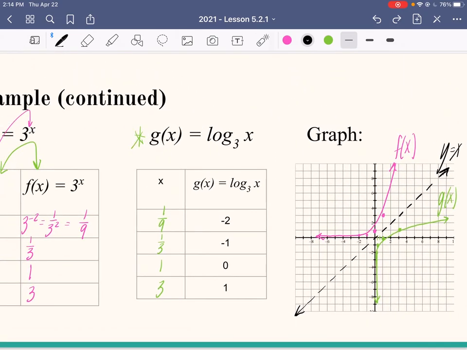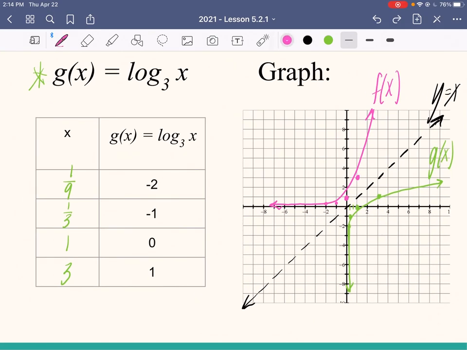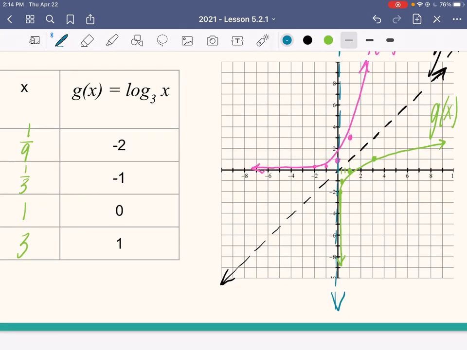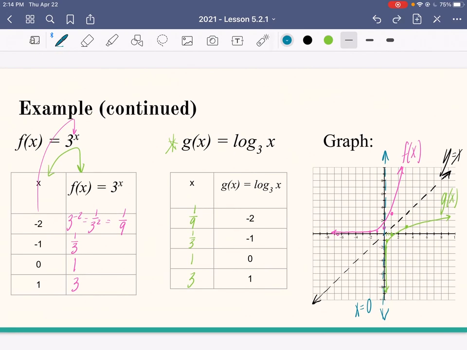And now it is increasing this way, upwards. And notice it's getting really, really close to the y-axis. So g of x, the logarithmic function here, actually has a vertical asymptote instead of a horizontal asymptote along the y-axis, which is at x equals 0. So these y's are getting really, really close to that, but they're never going to cross that, okay?